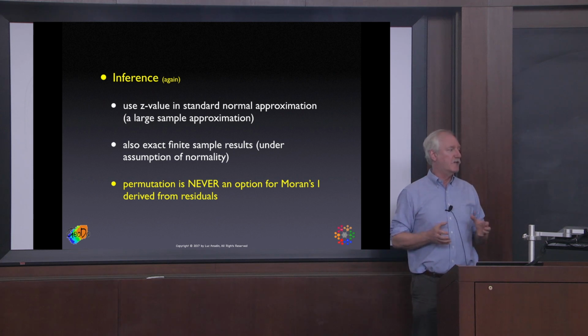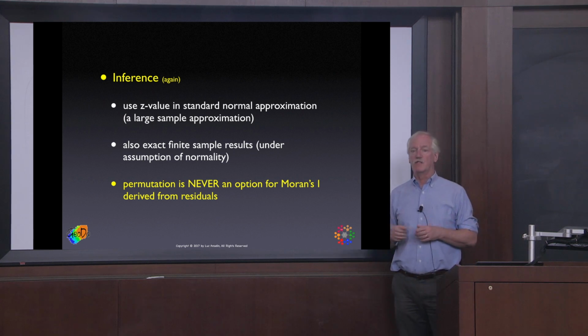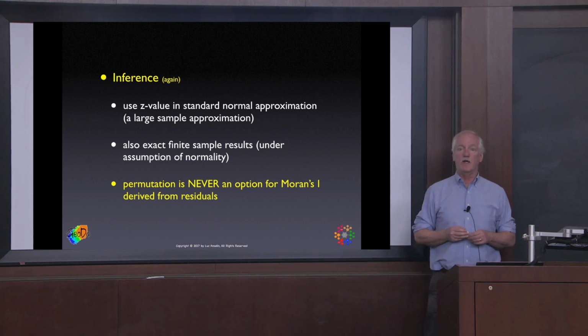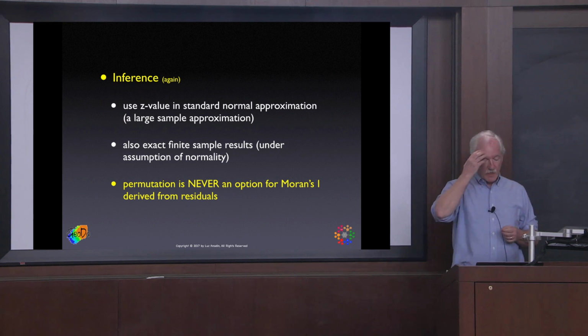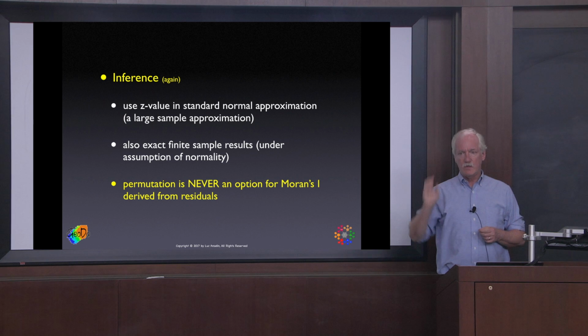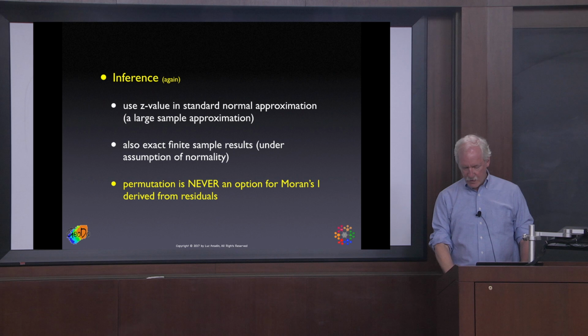It's not the trace of MW divided by n minus k, right? That's a different thing. So keep that in mind. I know it's very tempting, and unfortunately I've seen it only too many times, even in some software manuals. Don't do this.